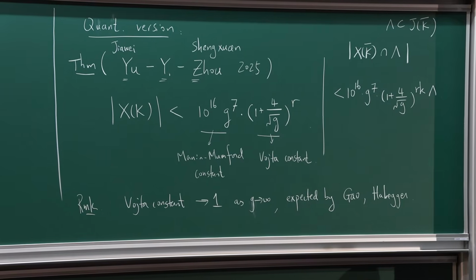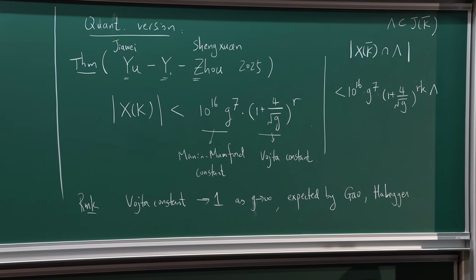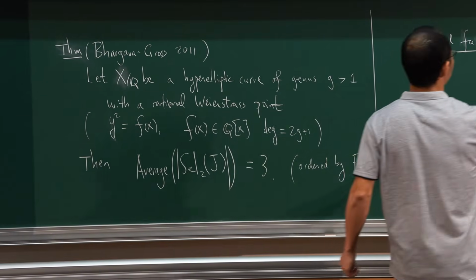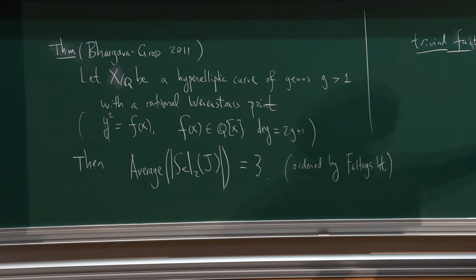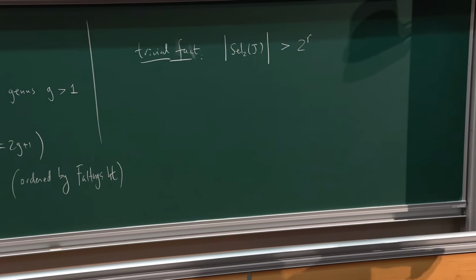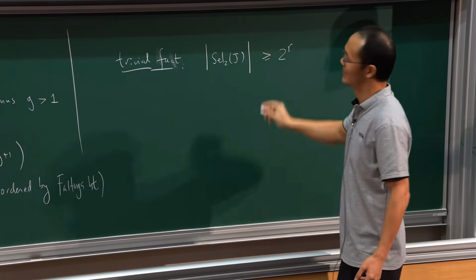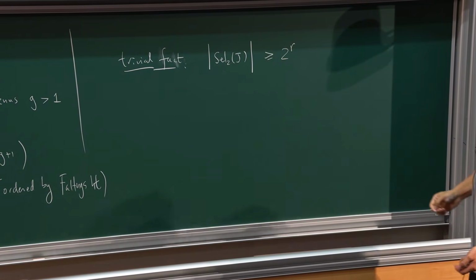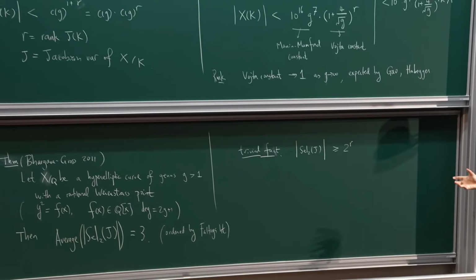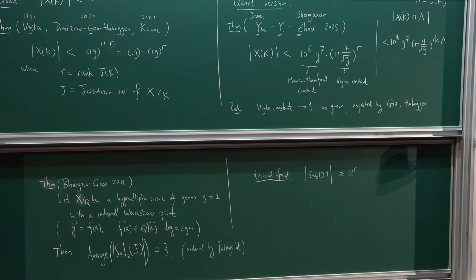This 2-Selmer group is greater than or equal to the average size, because the Mordell-Weil group maps to the Selmer group, so we have this. Now, as long as this 1 plus 4 over root g is less than 2, then we can apply the bound.